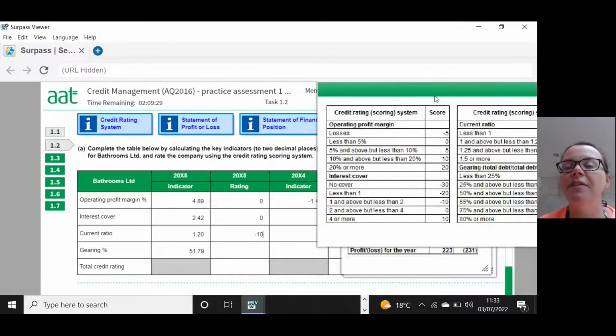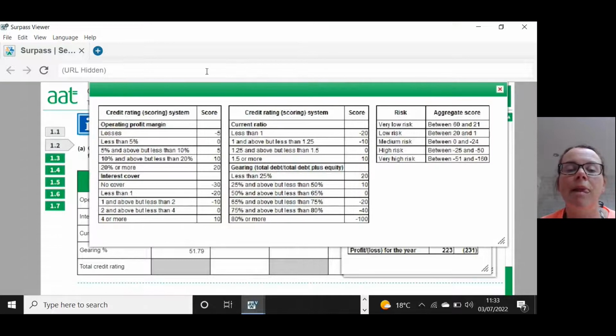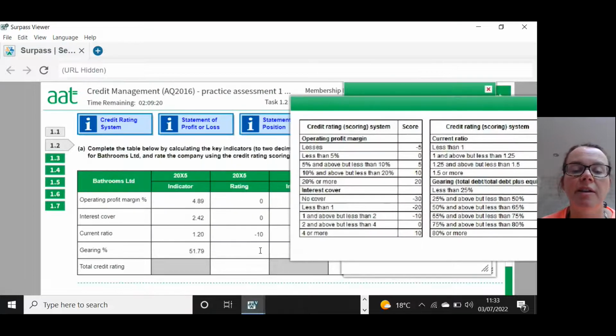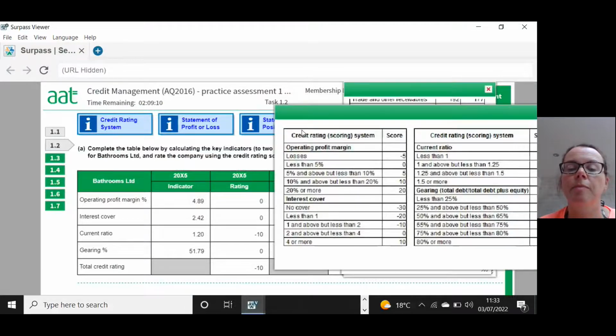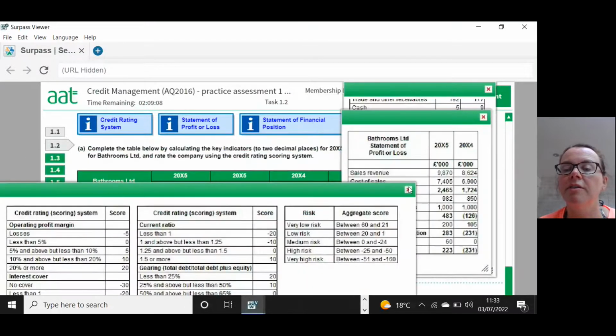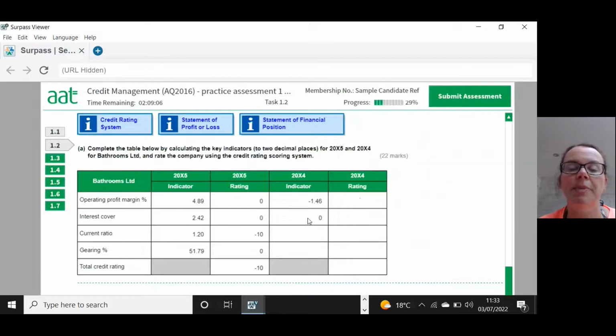And then our gearing, 51. So 50% above, but less than 65. That's giving us a score of 0 there. So overall, minus 10.